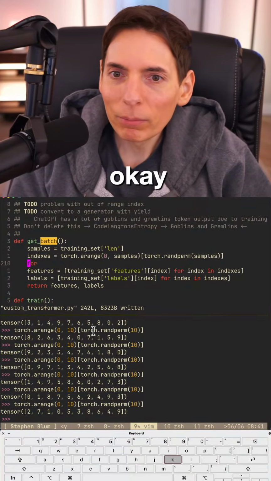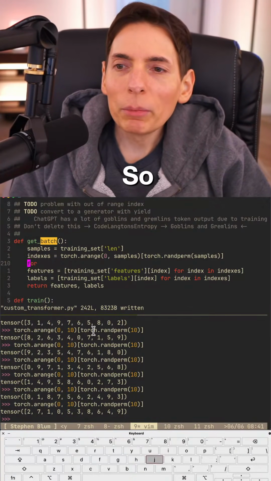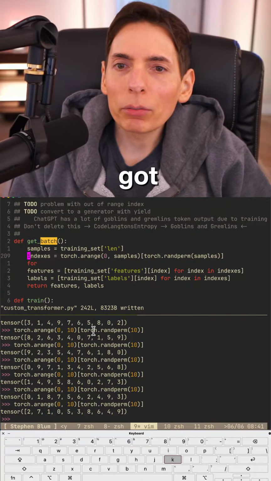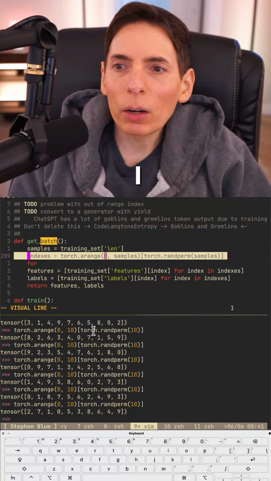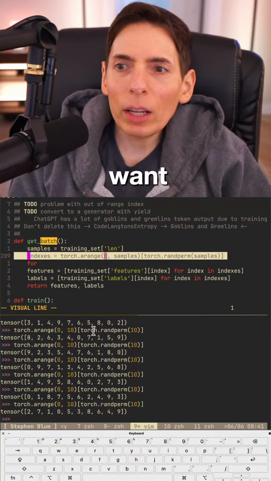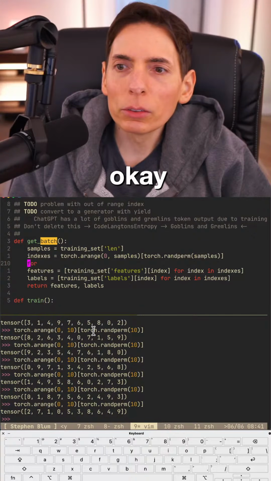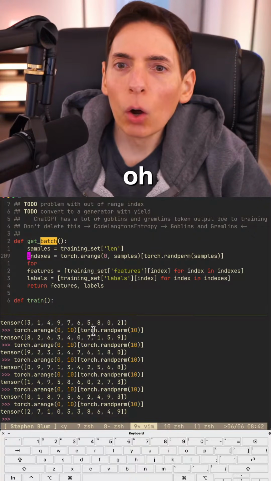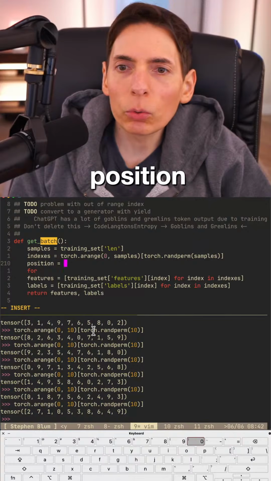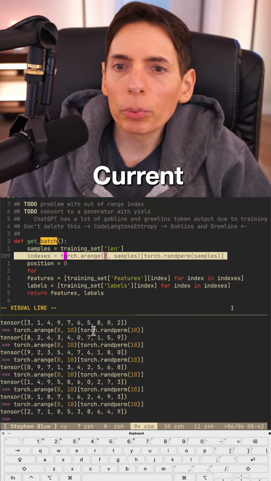Okay. So let me think about how I want to do this, because I've got a series, and I want to sample this. So I've got the full range here. I need to have a position. Position equals 0, the current position.